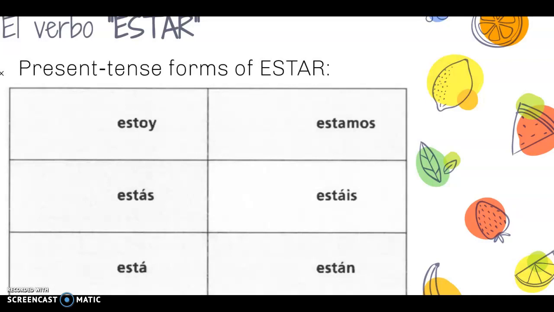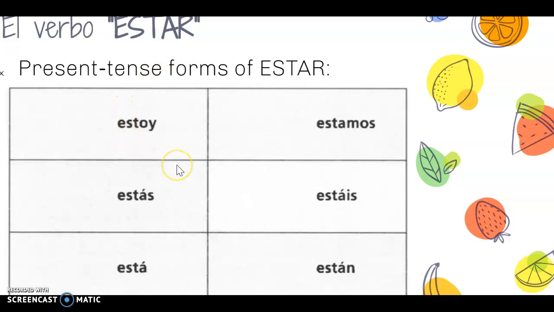So let's make sure we remember what the present tense forms of estar are. I know you've written these out before, you probably have them in another packet, but since we're using it again, I think it's important that we have the present tense forms. So, here they are: estoy, estás, está, estamos, and están.